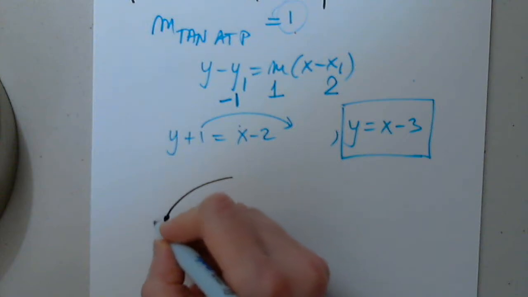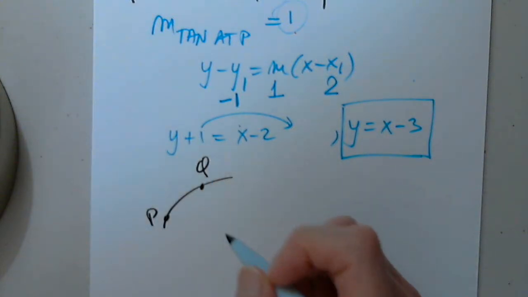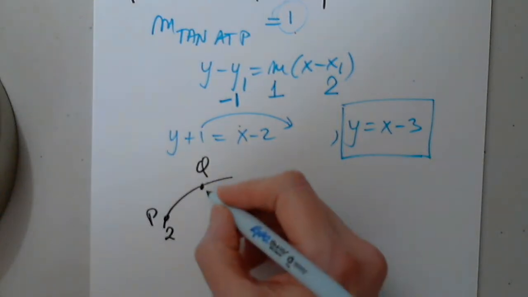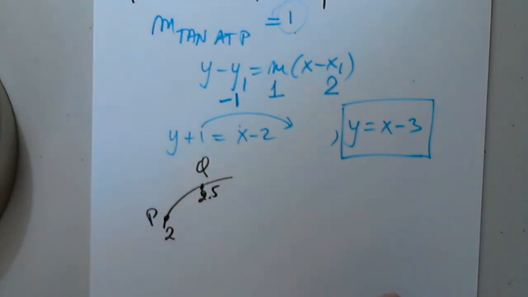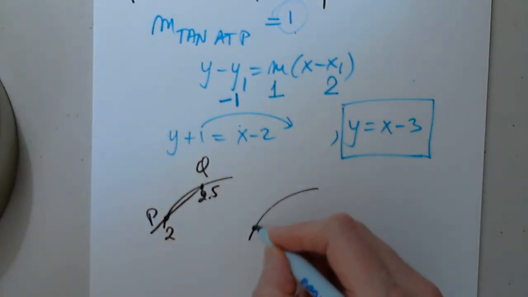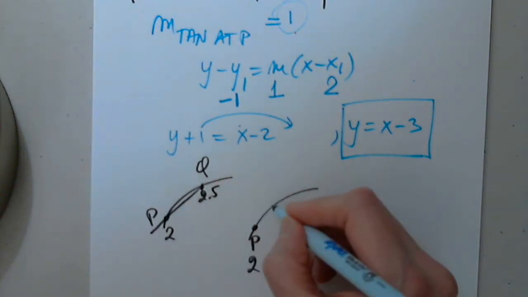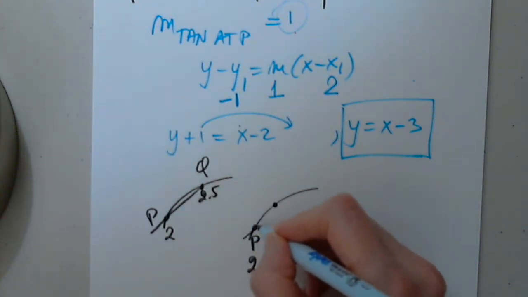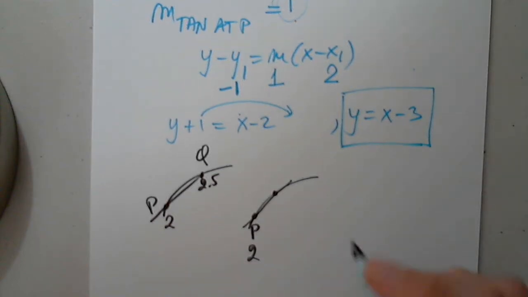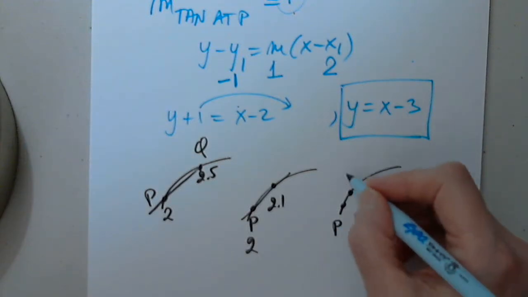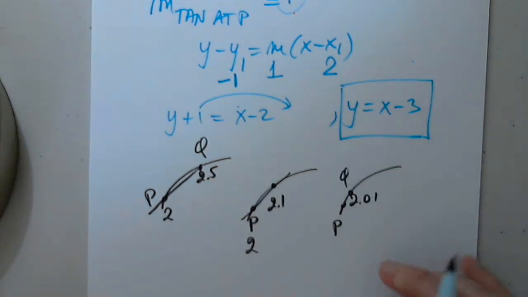So initially we had this point P and we had Q, right? So this is at x equals 2. And this one was at 2.5. And we determined a slope. Then we had P at 2 when x equals 2, and Q was closer. So this is the secant line now. So this was at 2.1. The next step was P here, and we had Q here, which was at 2.01.